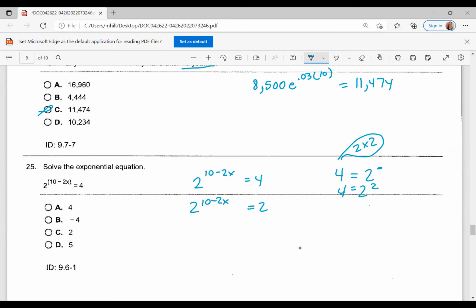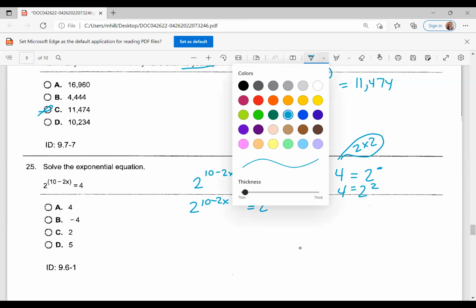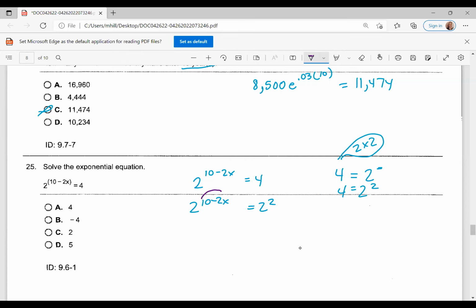Instead of 4, I'm writing 2 squared, which means that these two have to be equal to each other. So 10 minus 2x is equal to 2. Subtract 10. So -8. Divide by -2. x is equal to 4. So the right answer on 25 is A.